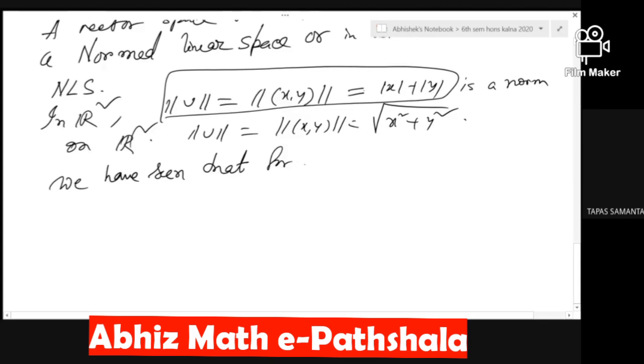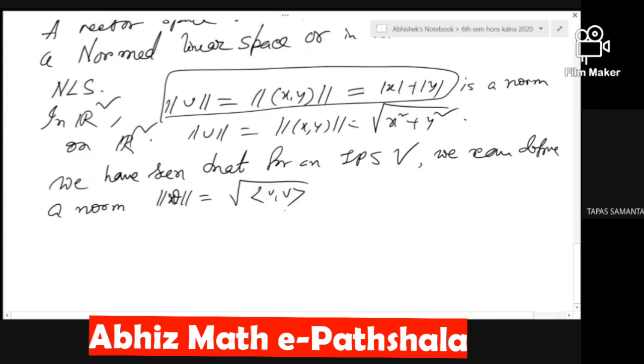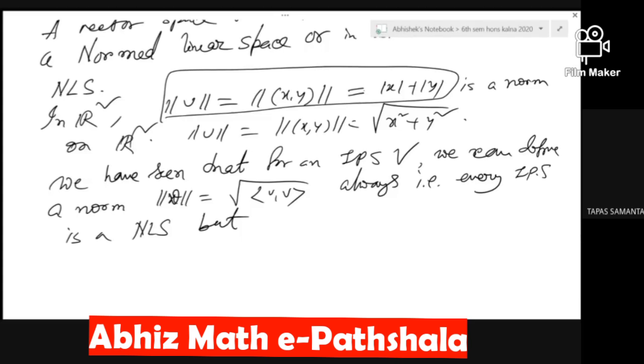We have seen that for an inner product space V, we can always define a norm, which is norm v equal to root over of inner product v comma v. That means every inner product space is a normed linear space. But every normed linear space need not be an inner product space.